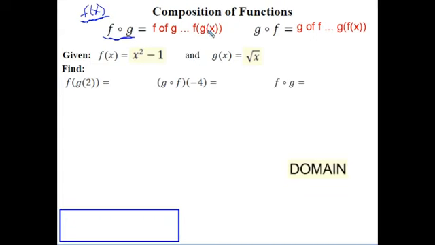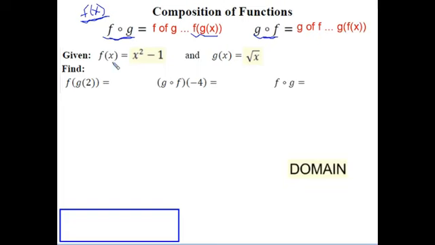And you can kind of see that here, how f is on the outside and g is on the inside. But we can go the other way around. Maybe we want to say g of f. In this case, we would put the f function inside of the g function.